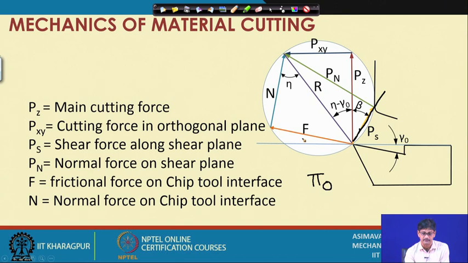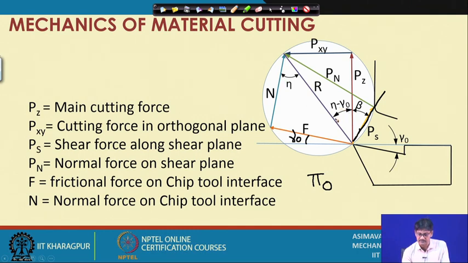We are simply resolving it in different mutually perpendicular directions and getting different interpretations about the phenomenon. So, let us have a quick look at the angular relationship. We have again considered gamma O to be positive, and this gamma O angle is equal to this vertically opposite angle. So, this is equal to gamma O. And what is this angle equal to?